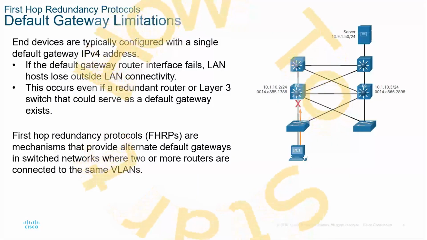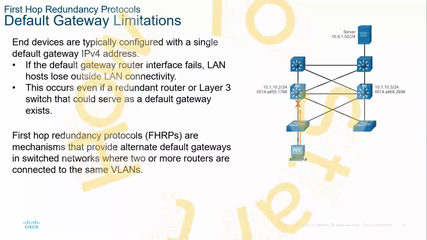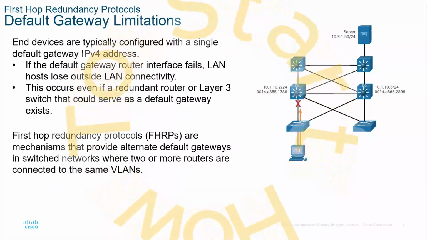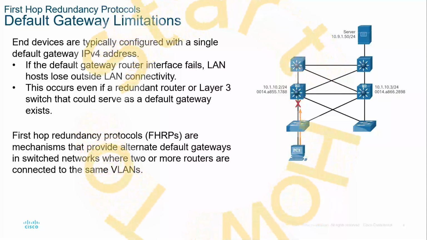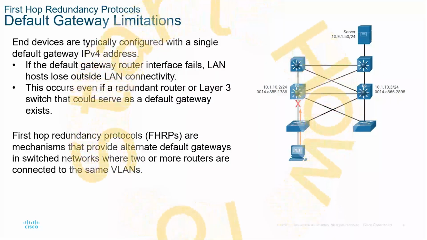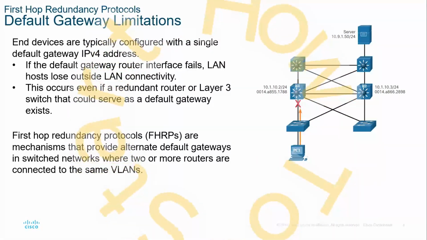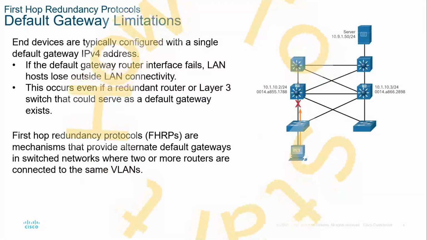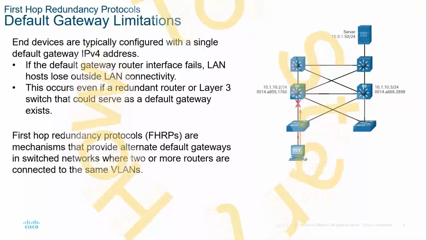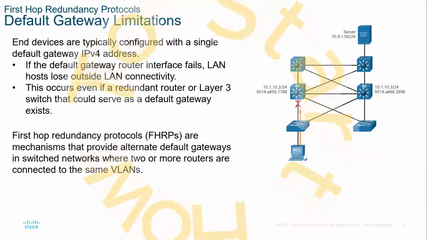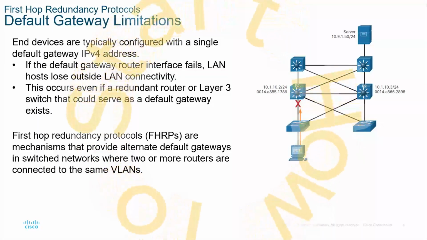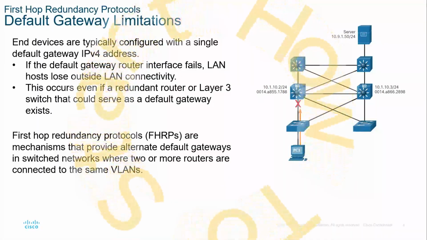So what a First Hop Redundancy Protocol allows us to do is provide a secondary gateway, or a virtual gateway, for router redundancy. The mechanism that provides the alternate gateway in this type of switched network is more than just a virtual connection.